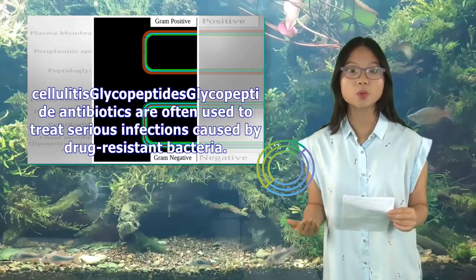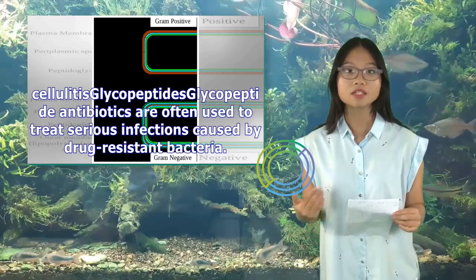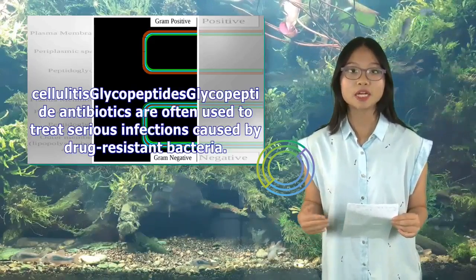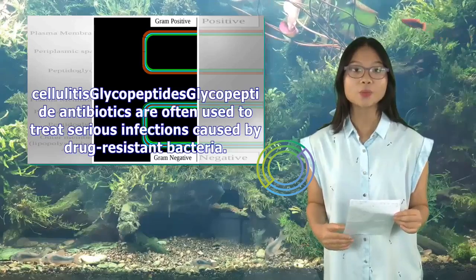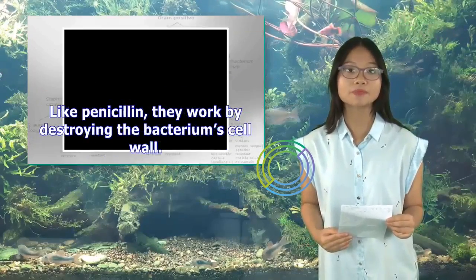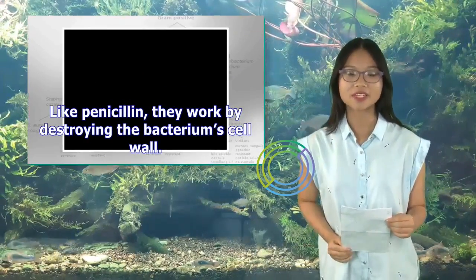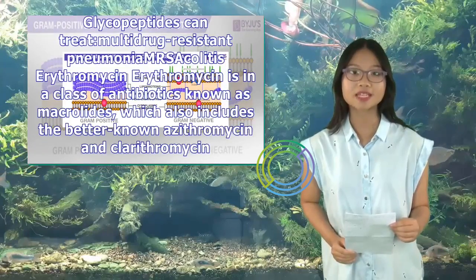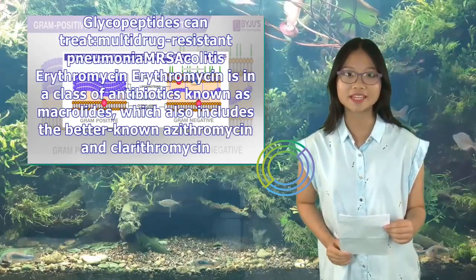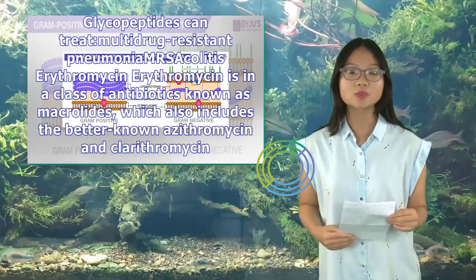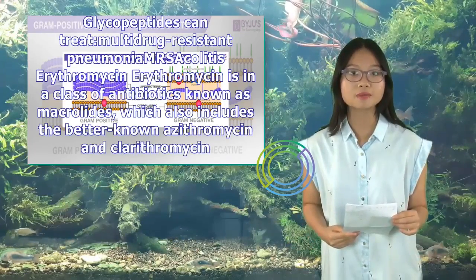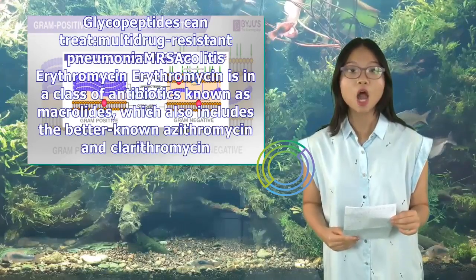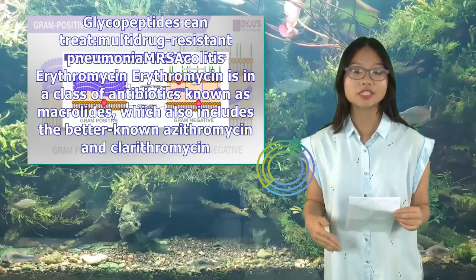Glycopeptides. Glycopeptide antibiotics are often used to treat serious infections caused by drug-resistant bacteria. Like penicillin, they work by destroying the bacterium's cell wall. Glycopeptides can treat multidrug-resistant pneumonia, MRSA, and colitis. Erythromycin. Erythromycin is in a class of antibiotics known as macrolides, which also includes the better known azithromycin and clarithromycin.